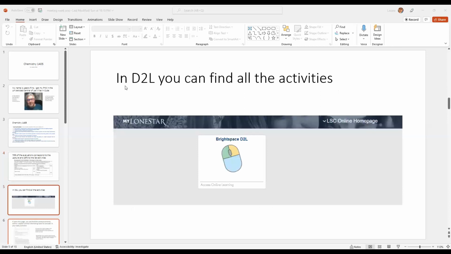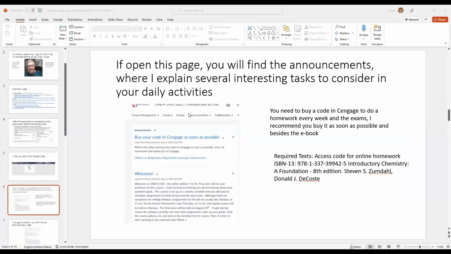In order to go to your activities, you need to go into D2L. Here you can find everything. And in D2L, you will see some announcements. I will put announcements here that you must read in order to follow my instructions.